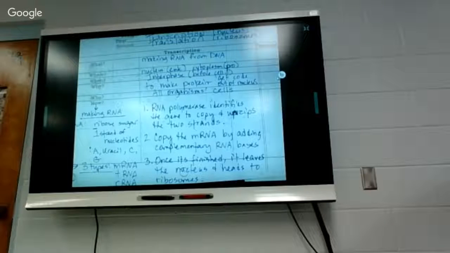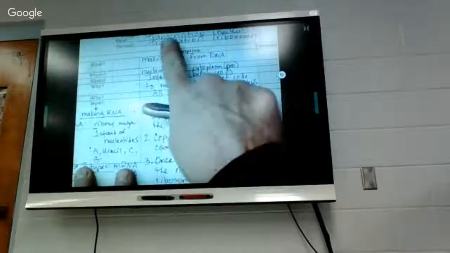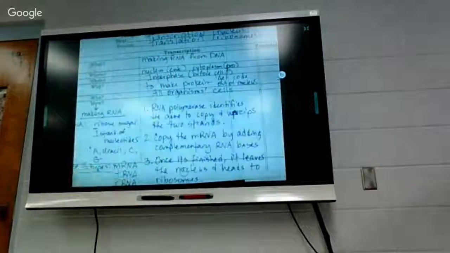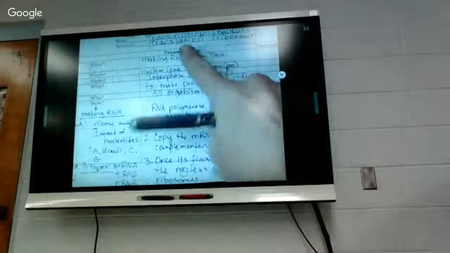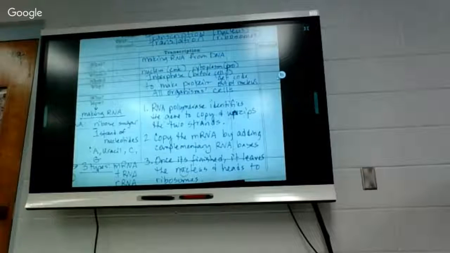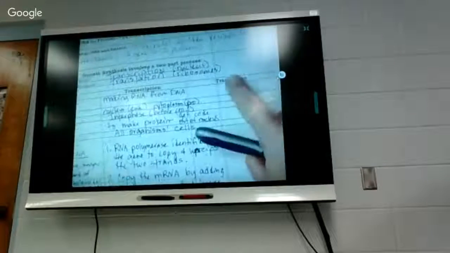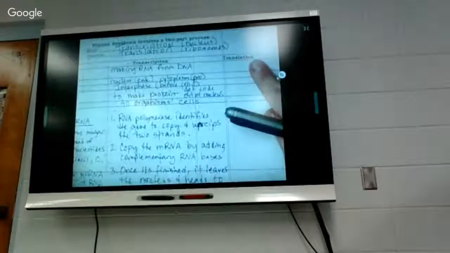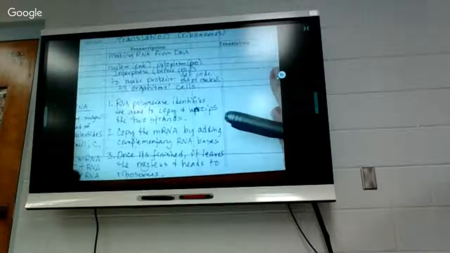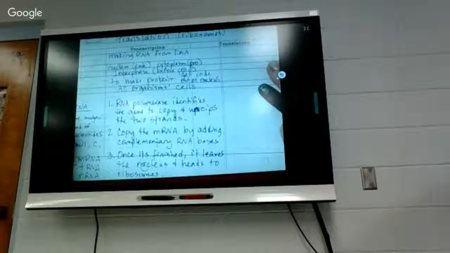So, transcribe, if you scribe anything, you're writing it down. So that's what you did. You wrote it down. But now it's time to try to figure out what does all this stuff mean? And we have this really cool code that all living things go by. So what is translation?